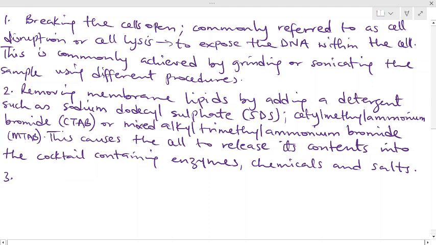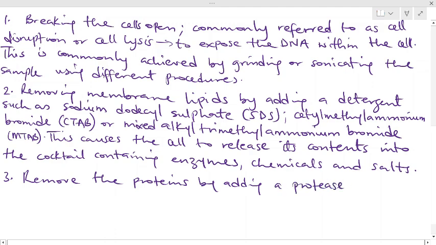Step number 3, after doing step number 2, the next thing is to remove the proteins by adding a protease. Remove the proteins by adding what? A protease. A protease is an enzyme that can break down proteins. This step is optional, but almost always done.